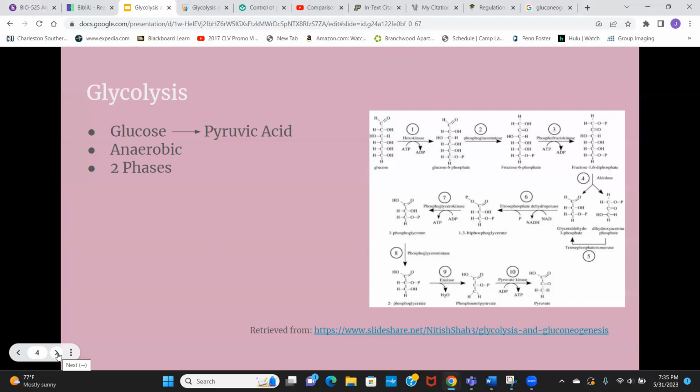We don't want a process that's going to give us a very limited amount of energy, right? Because then we would be burning glucose all day long. We want something that's going to contribute more energy than it's being used up for this process.